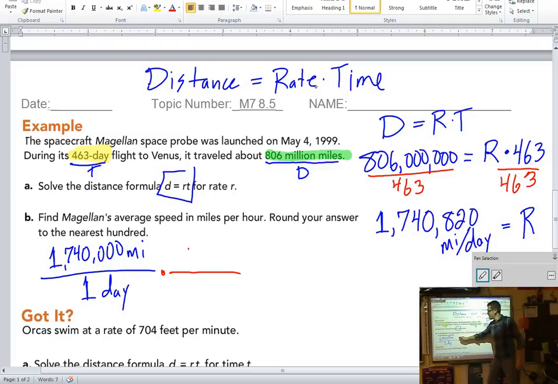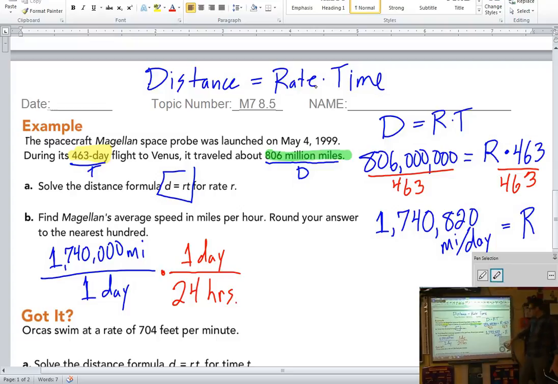Because we have, and please write all this work, 1 day is equal to 24 hours. And guys, we did a little bit of this earlier in the year. We set this up so that when I have days on top and days on bottom, what happens to my label of days? It goes bye-bye, disappears.